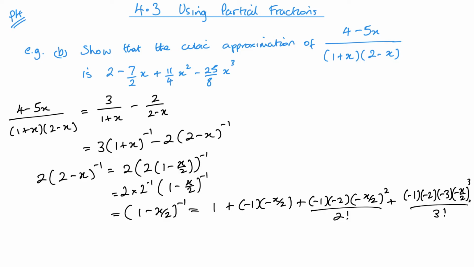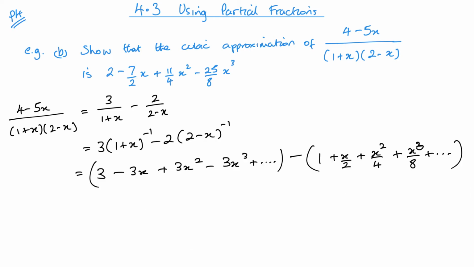And obviously this carries on going forever, I just can't quite fit it on my screen here. Now simplifying this gives me 1 plus x over 2 plus x squared over 4 plus x cubed over 8. And obviously it would continue on forever.